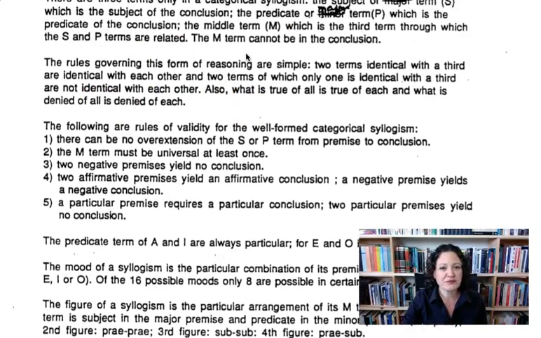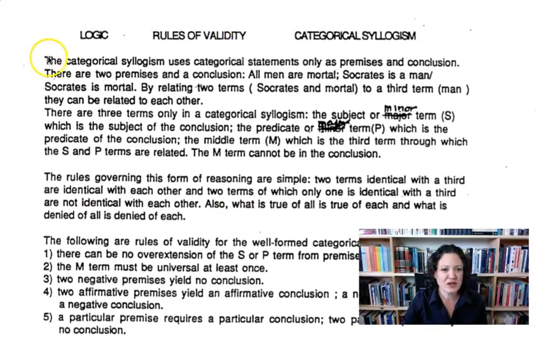Okay, so we are going to commit this to memory that we have categorical statements, A, E, I, and O, that make up categorical syllogisms, premise, conclusion. Within this categorical syllogism, we have an S term, the subject term, which is the minor premise term.